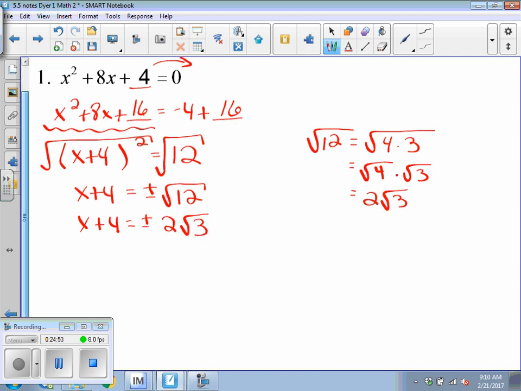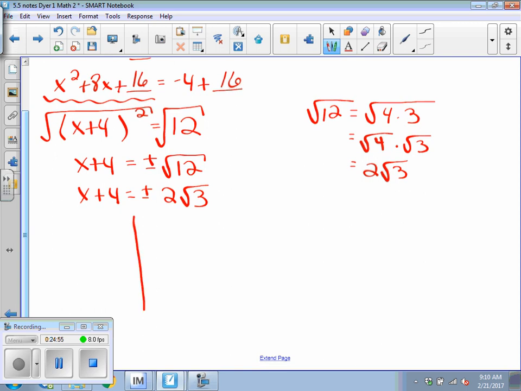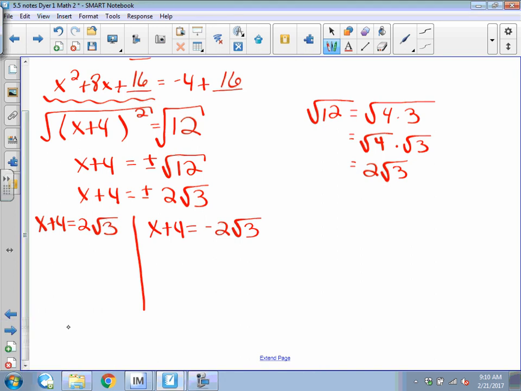Now I can write it as my 2 separate equations. x plus 4 equals positive 2 square roots of 3, and x plus 4 equals negative 2 square roots of 3. The last thing I need to do is subtract 4 from both sides in both of those equations, right? I need to take this positive 4 and bring it to the other side so my x is by itself.